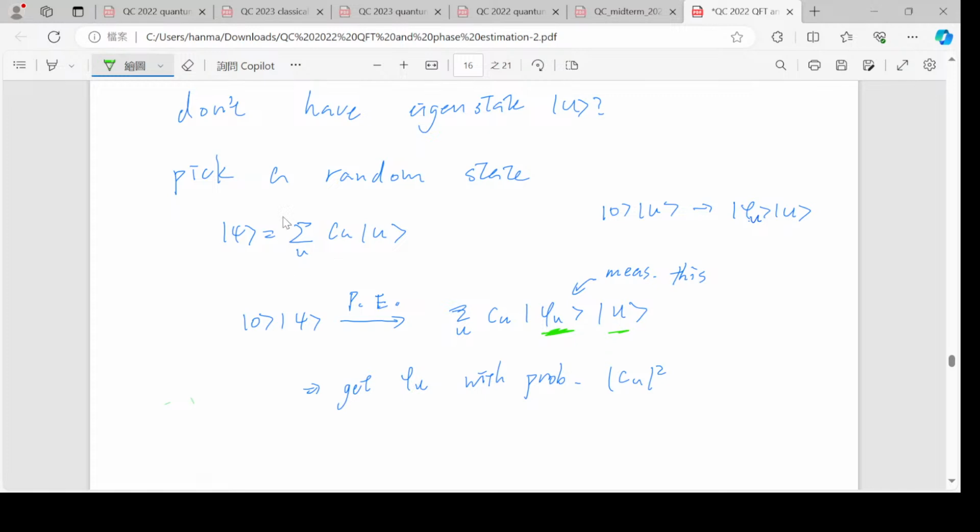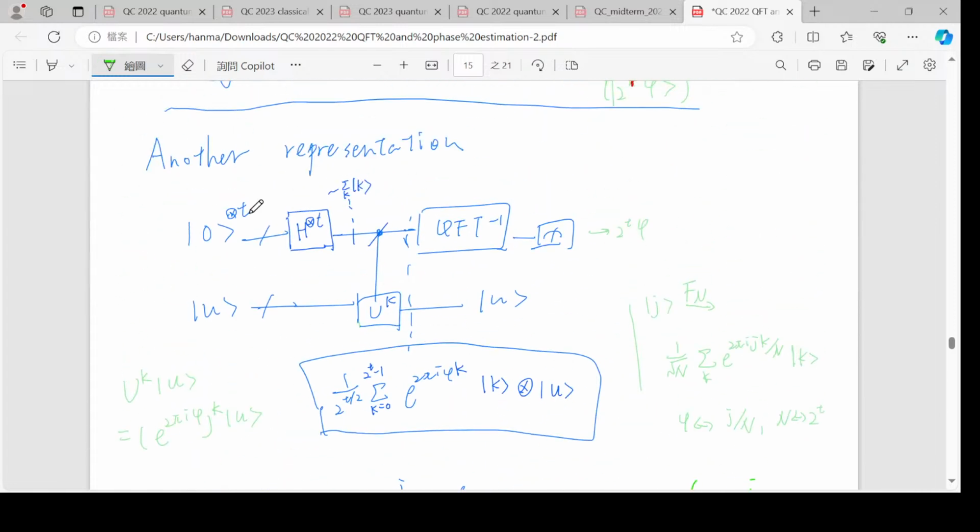This is just the linearity of quantum algorithms, because phase estimation is a linear transform. We're basically saying what is the state at this step, just before your measurement.